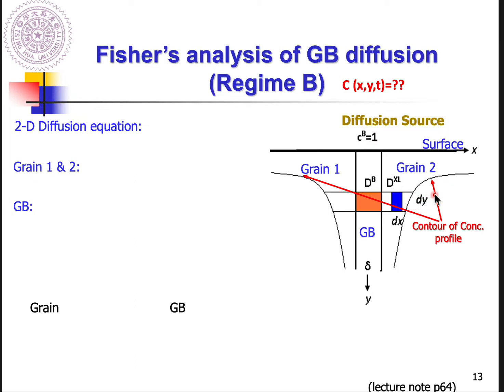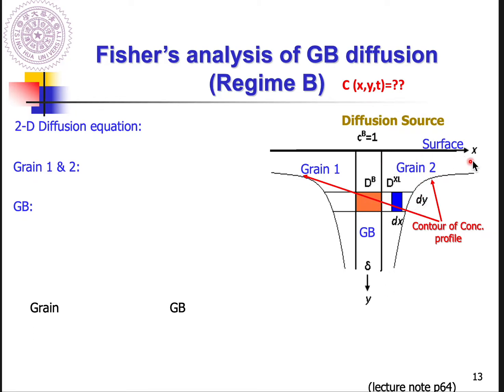So yes, as you expected, if you take a look at this grain, the diffusion source is on the top of it, and as you know, the grain boundary DB must be larger than Dxl. So some diffusing atoms will diffuse here and get into the grain. So you need to consider the contribution from the top source and also from the grain boundary.